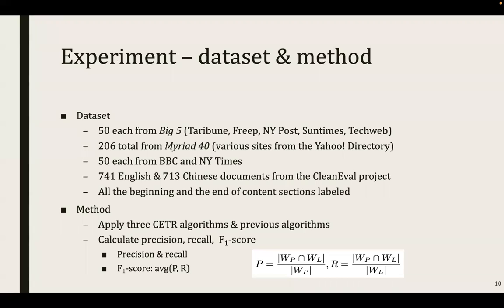And all of the documents were from some researches or projects. So the beginning and end of content section were already labeled by those researchers and project participants. And that will allow the authors to calculate the precision, recall, and F1 scores for all the methods.